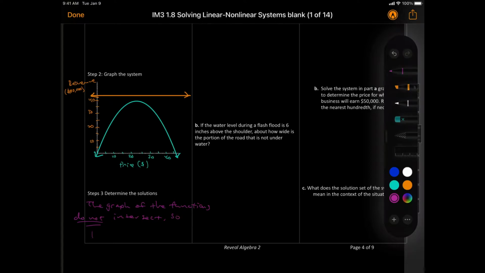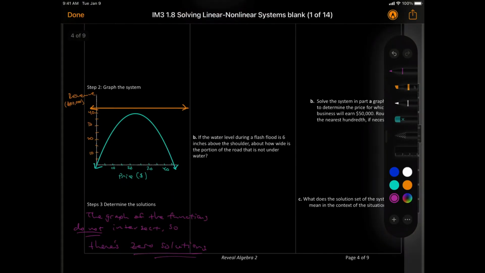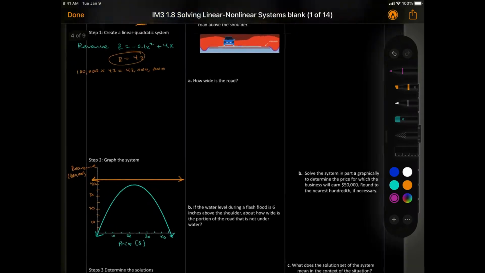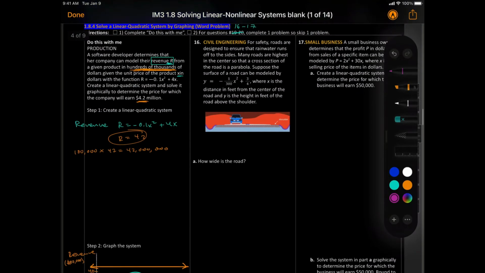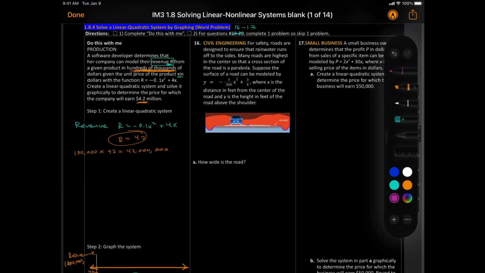So there's 0 solutions. What does that mean for this company? Their revenue will never reach $42 million. Okay? All right, go ahead and pick one of these, 16 or 17, and we'll do this together.